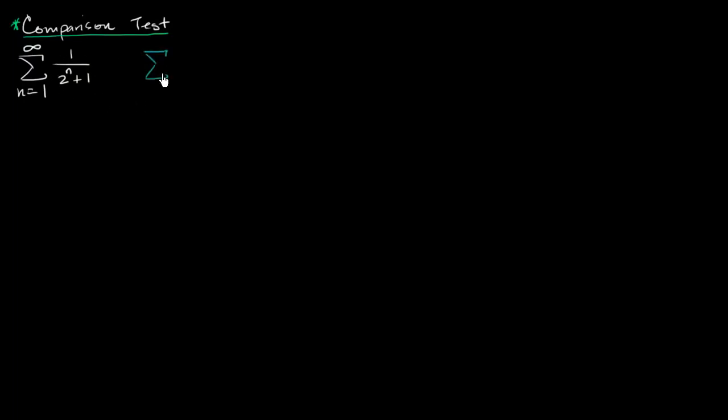The one that will likely jump out at most folks would be 1 over 2 to the n. 1 over 2 to the n is greater than or equal to 1 over 2 to the n plus 1 for n equal to 1, 2, all the way to infinity.